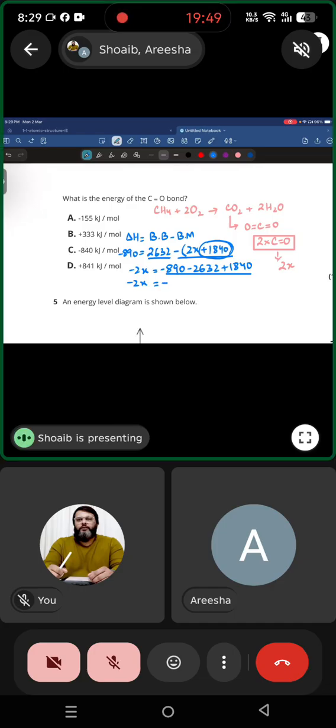Minus 1682, minus minus cancel out, 2 will divide by this.